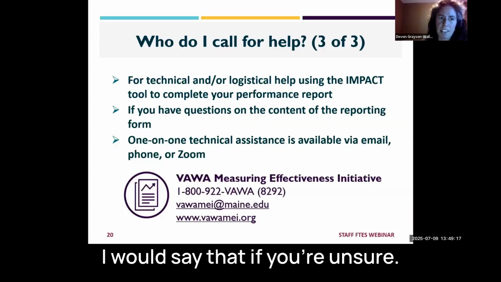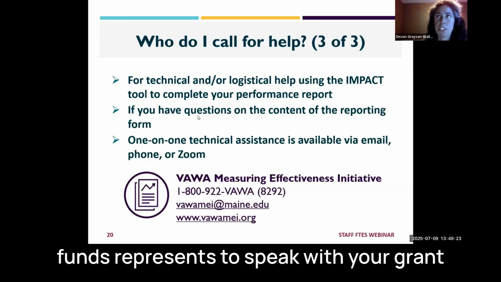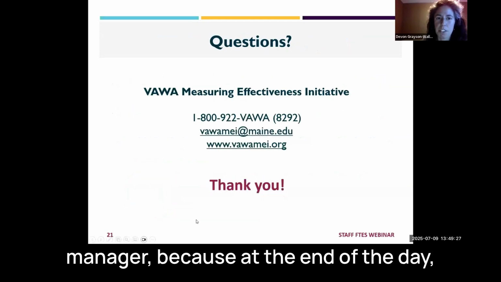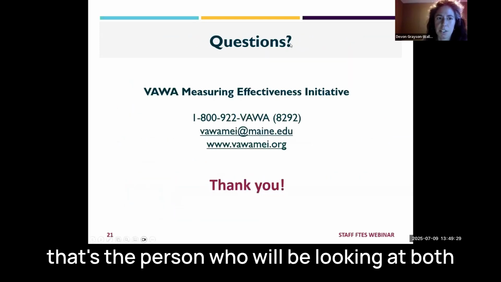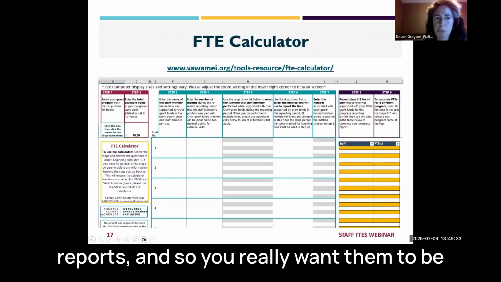I would say that if you're unsure about what the amount paid with grant funds represents, speak with your grant manager, because at the end of the day, that's the person who will be looking at both your financial reports and your performance reports.